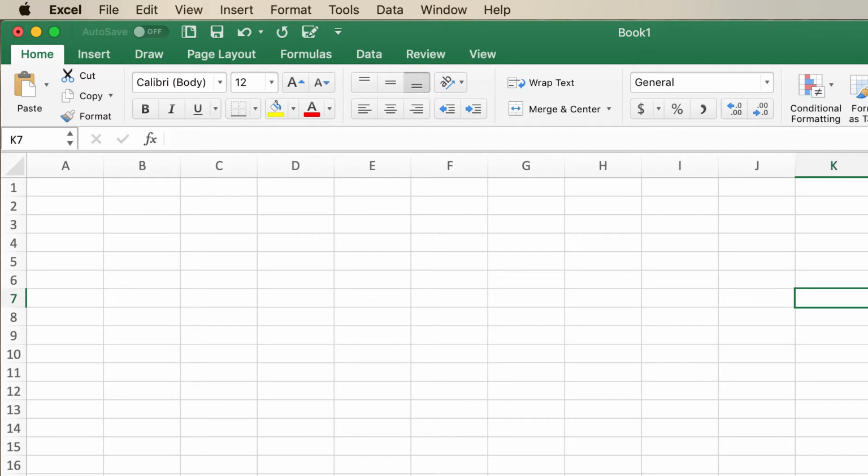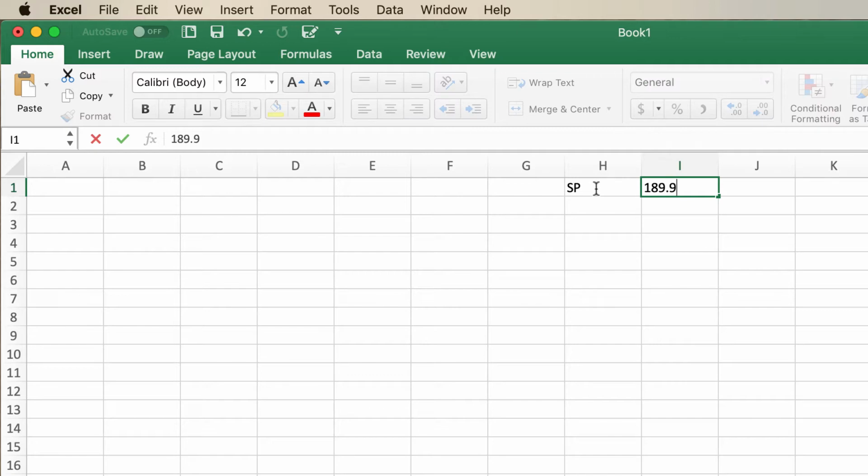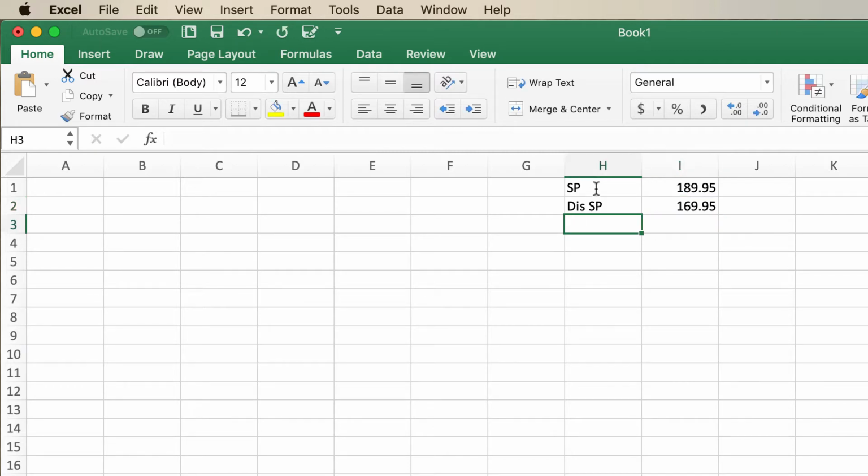Well, we'll do it over here. We have our selling price, which is originally 189.95. Okay, we have the discount selling price of 169.95, and then we have our normal costs, right?